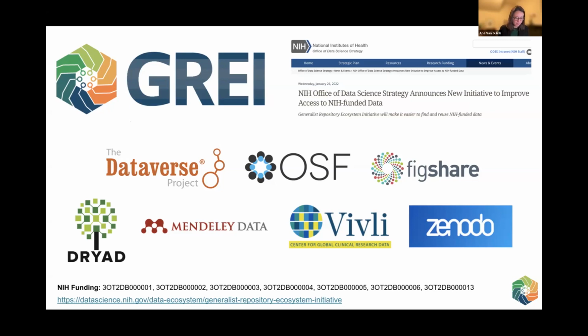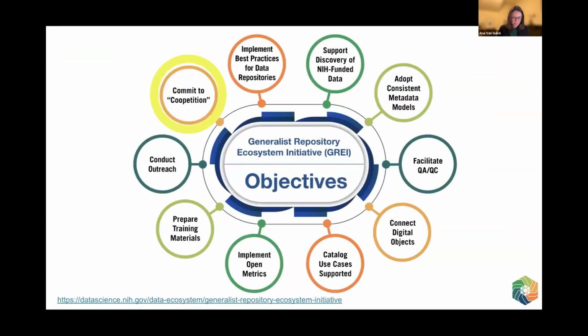GRAE has a mission to enhance the biomedical research data ecosystem and help researchers both find and share data in generalist repositories, which serve an important role in the data landscape by providing flexible, trusted repositories for any data set or research output, regardless of discipline or format, when a discipline-specific repository is not available.